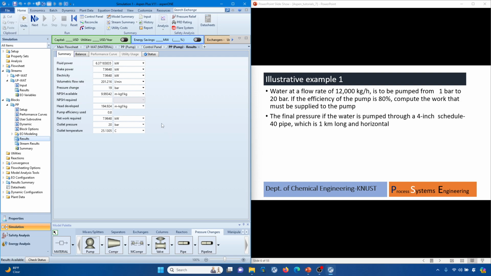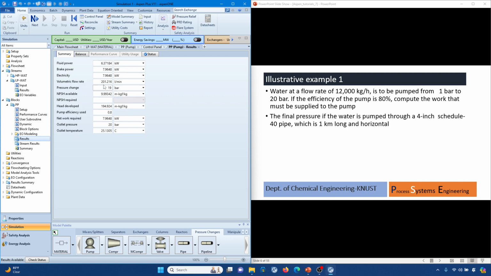Then when we go to the results, we can see the fluid power required and the brake power required based on efficiency. There's the amount of power being drawn from the mains and the work the pump does on the fluid. Because of the inefficiencies, we do not get a total conversion of the energy we put in.